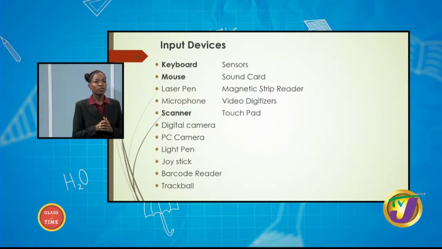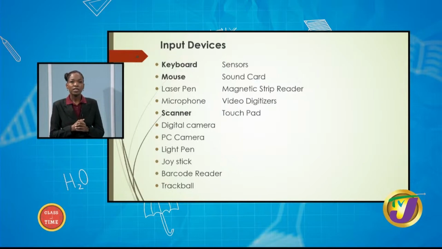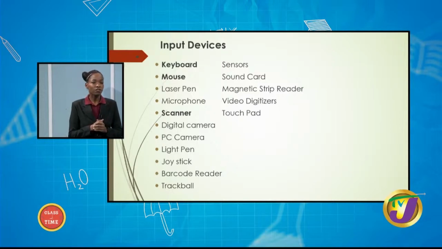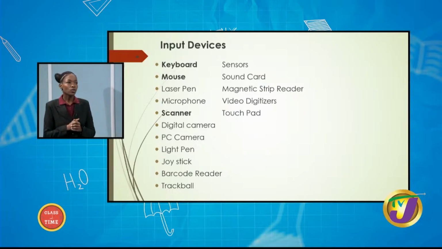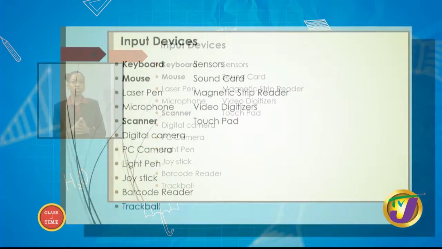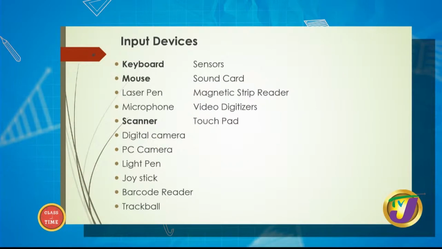For your homework, you are going to identify the uses of these 5 input devices, and you are also going to ensure that you get a picture of what the input devices are used for and what they look like, right? So these are the input devices that we are going to be looking at.